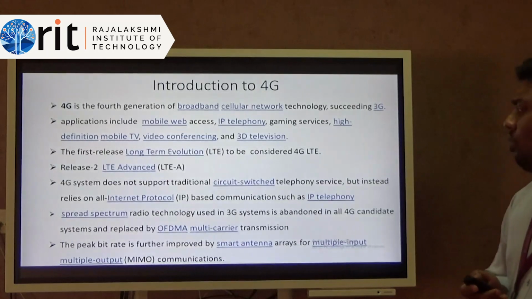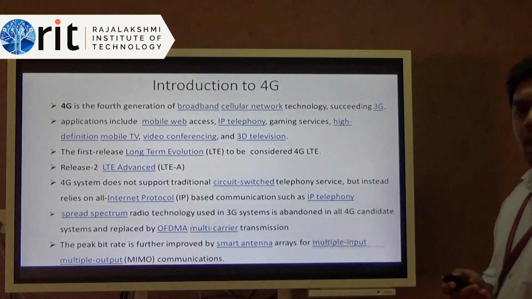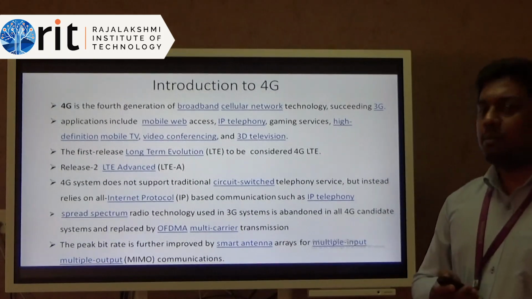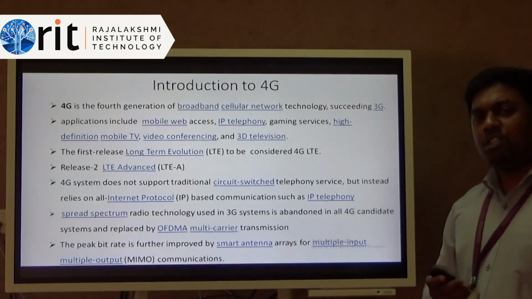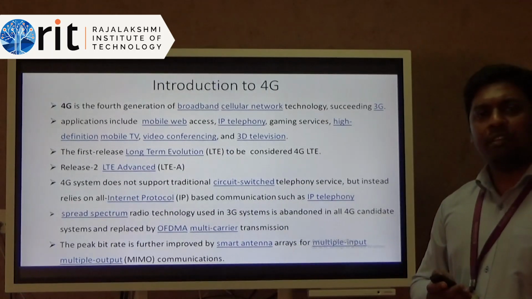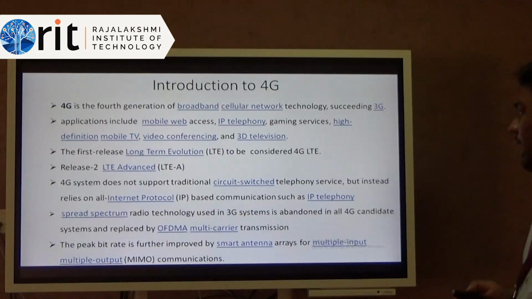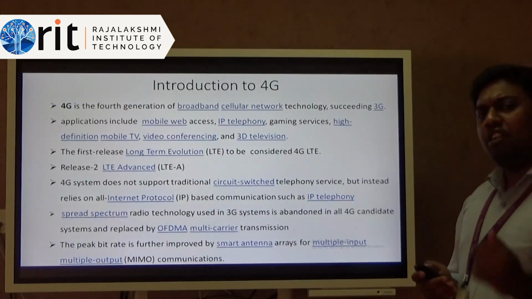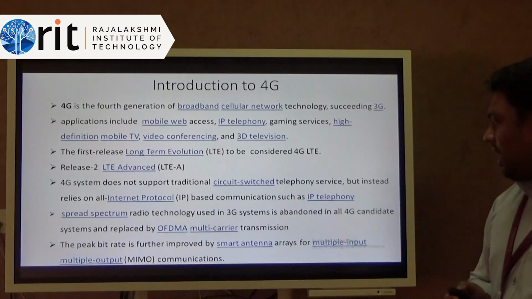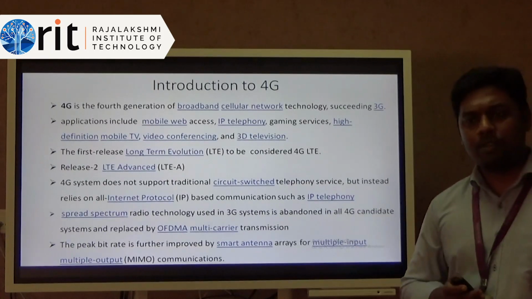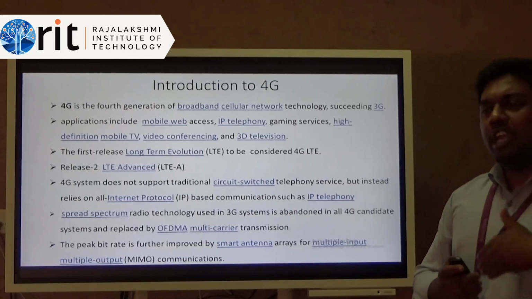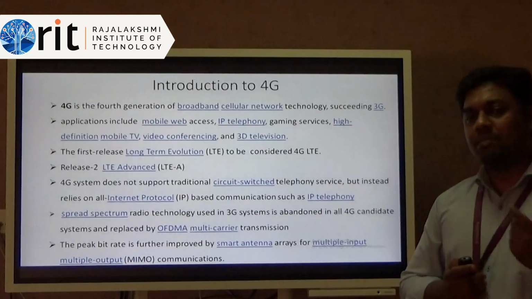In 4G, we use the modulation scheme OFDM, and the speed offered by 4G is nearly 100 Mbps, but in the case of 3G it is only 2.1 Mbps. 4G achieves this high bit rate by using technologies like smart antennas as well as the MIMO concept. By combining smart antennas and MIMO, 4G can offer greater bandwidth as well as better quality.